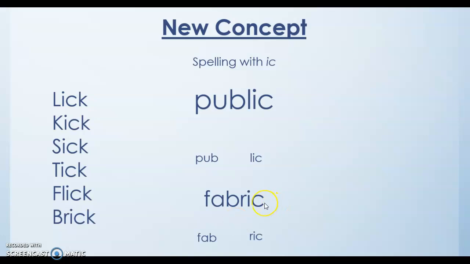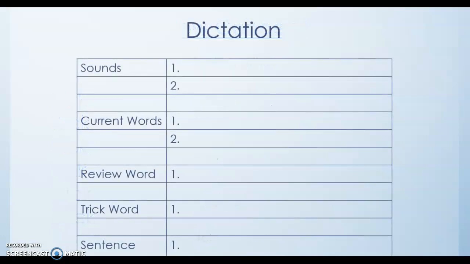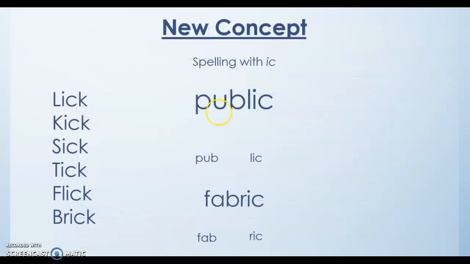Fabric. All right, there's lots of little tricky things like that in English. And the more you hear about it and the more you see it and try to recognize it when you're reading, the easier they'll come to remember. All right, before we go on, I just want you to take a look at that. And maybe, if you have a chance at home, it's not something you have to write and submit, but see if you can think of any other words that have that IC at the end instead of ICK.